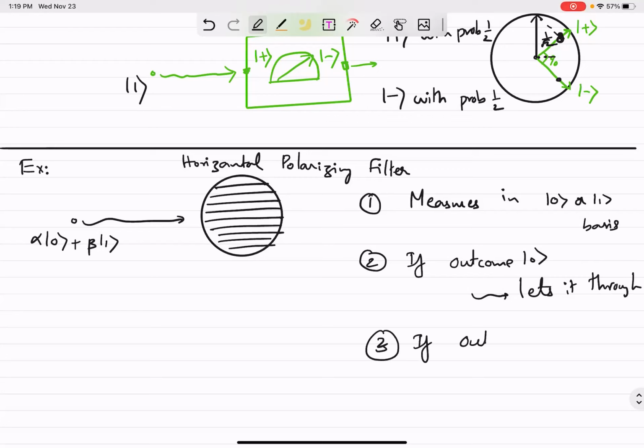If the outcome is 1, then the photon is converted to heat. It has some absorption thing. So it measures in the 0 or 1 basis. If the outcome is 0, it goes through as it is. If the outcome is 1, it's converted to heat.